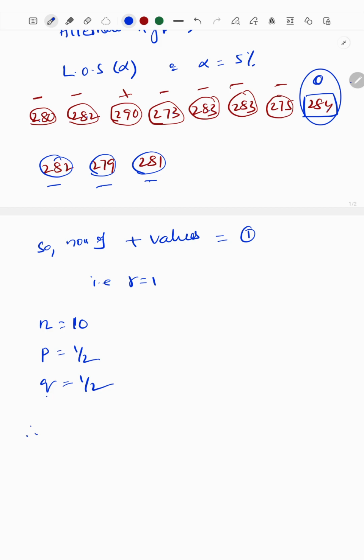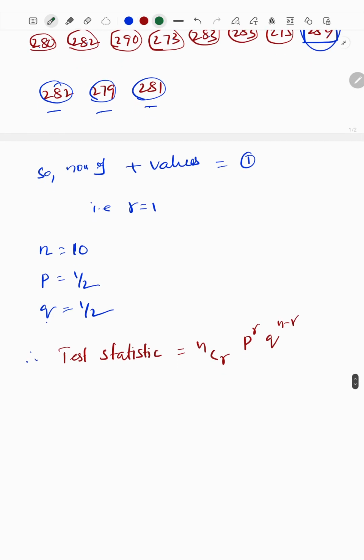Therefore, the test statistic is nCr into p power r into q power n minus r. Here n is originally 11 observations, but while comparing one became 0, so it becomes 10. So 10C1, and p is 1 by 2 to the power of r, into 1 by 2 to the power of n minus r, that means 10 minus 1.